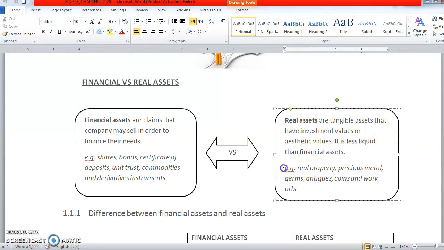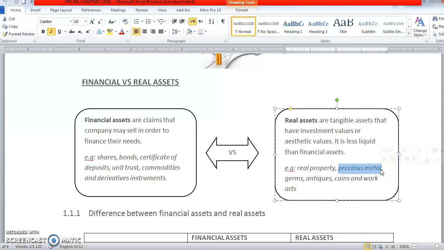Okay? So, what are the examples? Examples are real properties. Okay, real properties seperti hartanah, bangunan, condominiums. Okay? So, this is what we call real properties punya asset. Another example adalah precious metal seperti gold, silver, platinum.